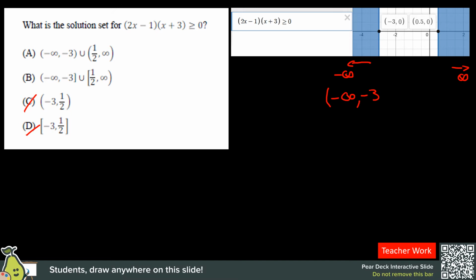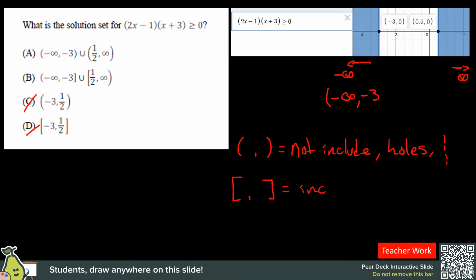Now the difference between A and B is parentheses and brackets. So parentheses are for when it does not include, that would be something like holes or dash lines. Brackets are included points, and that would be for points and when we see solid lines.